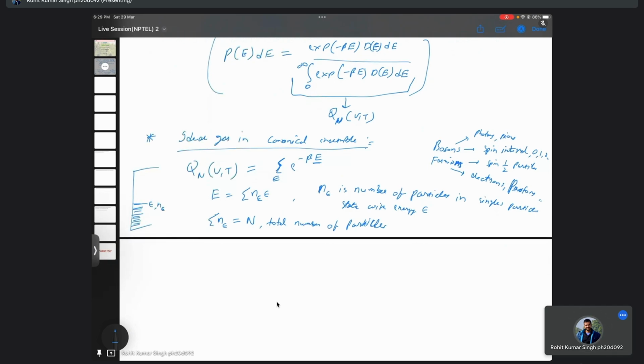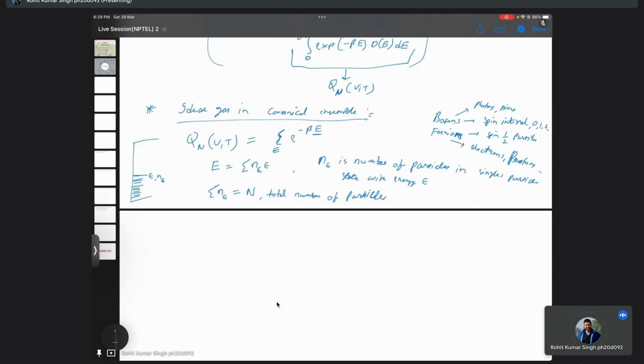Now we can write this partition function again like e to the power minus beta.